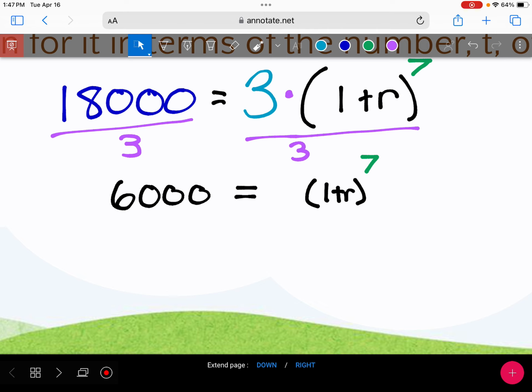What can I do to get rid of an exponent like that? It's been ages since we thought about one. It's like a square root, but it's not a square because it's not a 2. So what kind of root is it going to be?